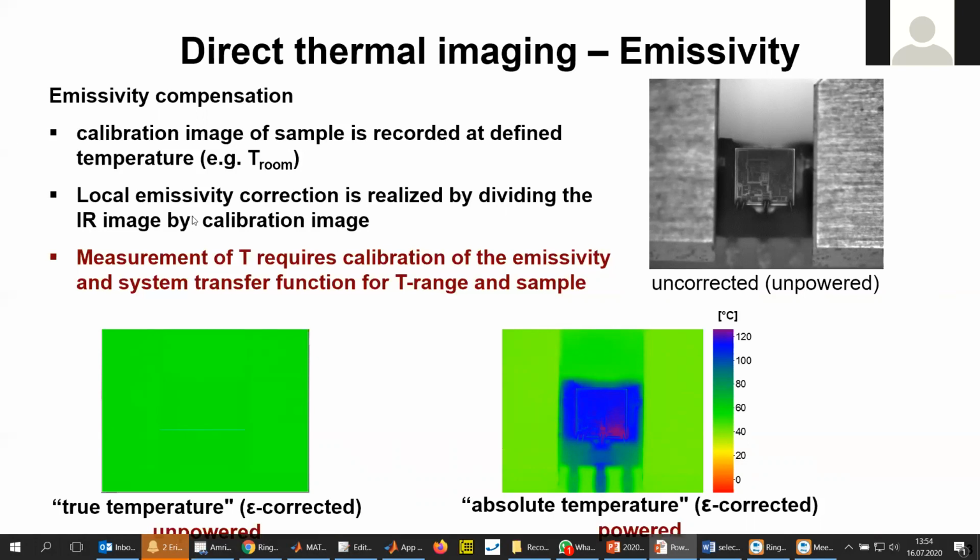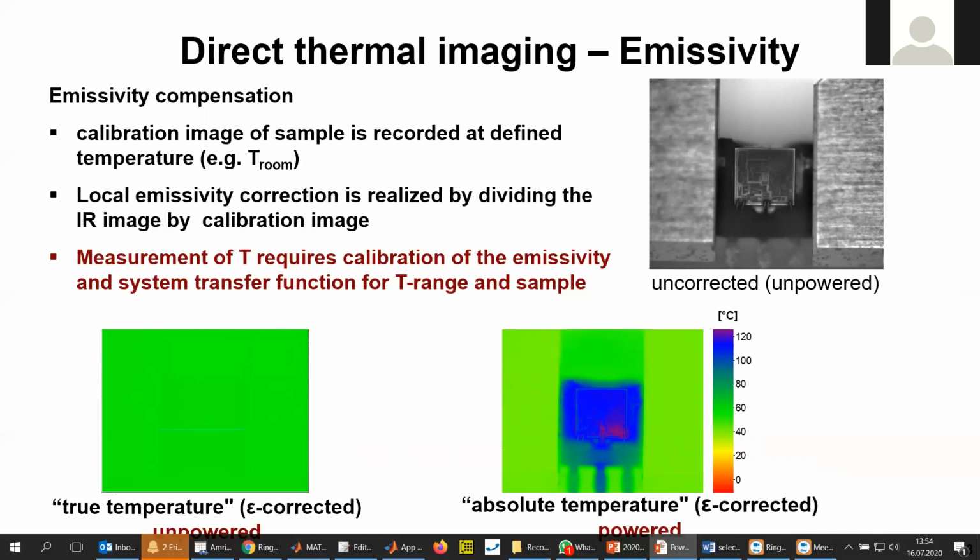That would lead to the image shown on the lower left here. So we would have a homogeneous distribution of the temperature, and no emissivity impacts the contrast here.